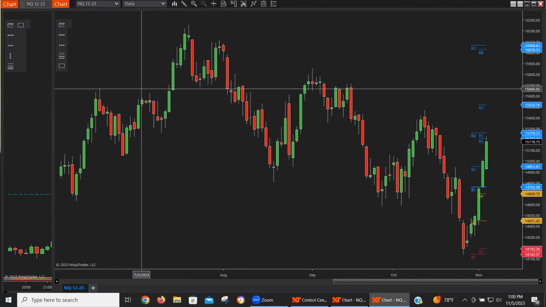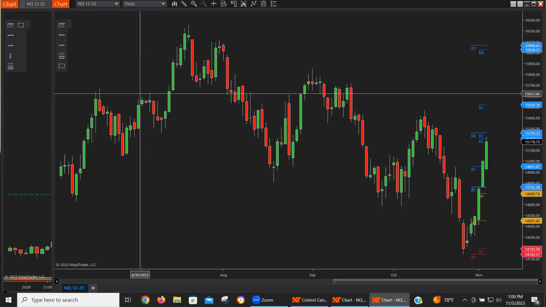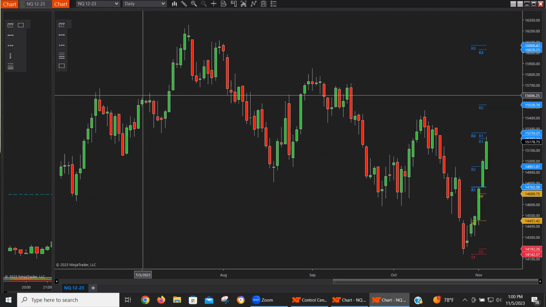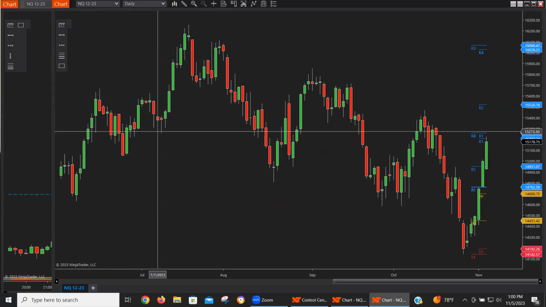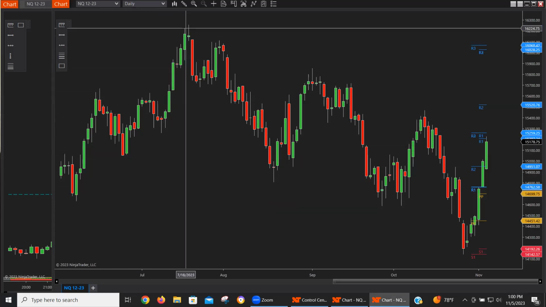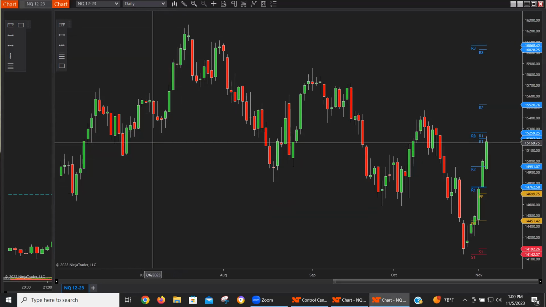Can you repeat what you just said? I see areas of these highs and lows. Those are areas of liquidity. The market wants to come get those areas.